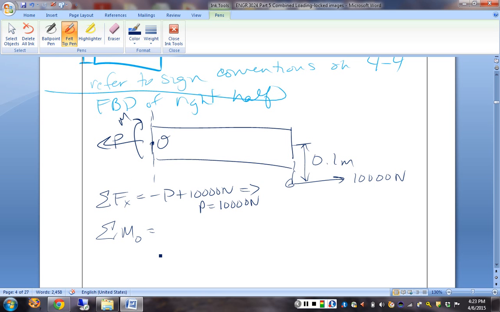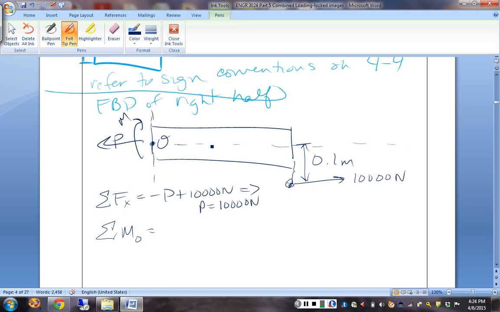let's go to Miss Arnold. If we're talking about O as the reference point, what's the moment arm for that guy? What's the separation distance between my force?